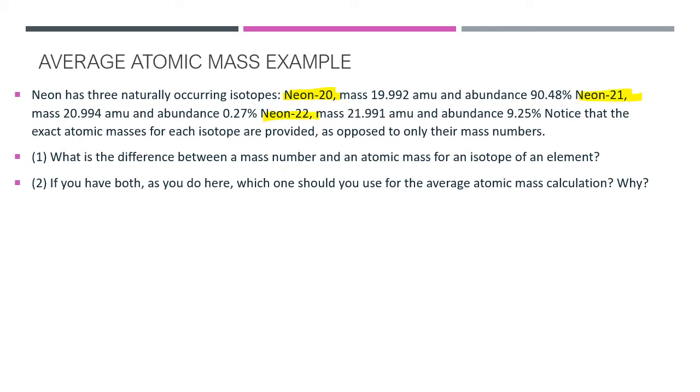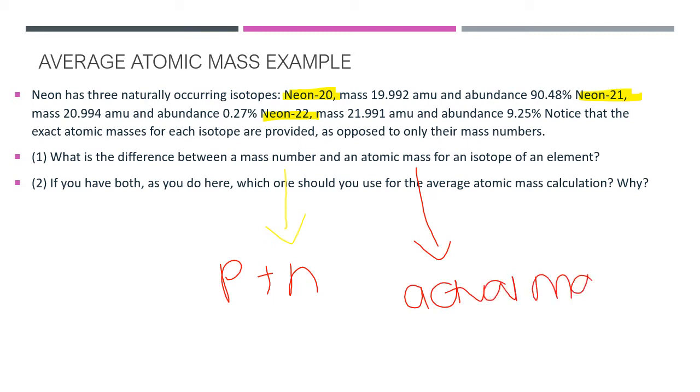Mass number is really just protons plus neutrons. The atomic mass is like the actual mass. Protons don't actually weigh exactly 1 AMU. But for most of our problems, there's no need to say neon 19.992. That's why we use mass number, but atomic mass is more exact.